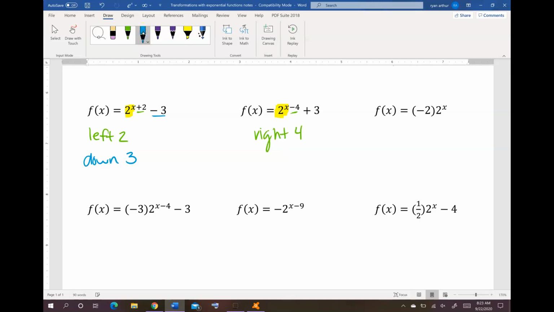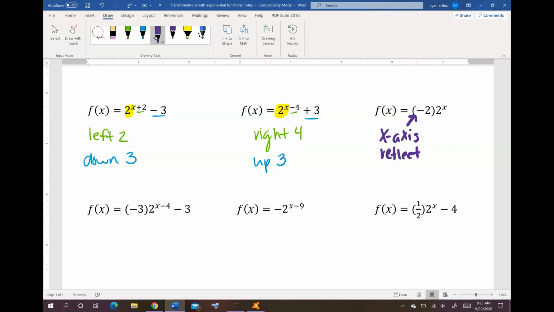And then I've got a plus 3, which is opposite of over here, so it means I'm going to go up 3, okay? All right, now over here I've got an a value that's not 1, but I have a negative. That negative means x-axis reflect.